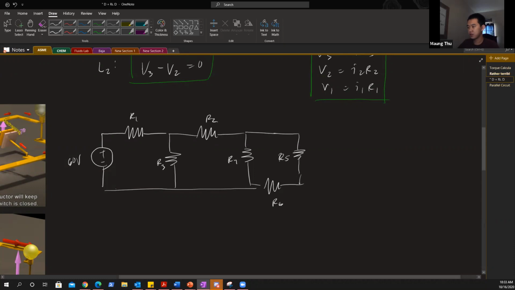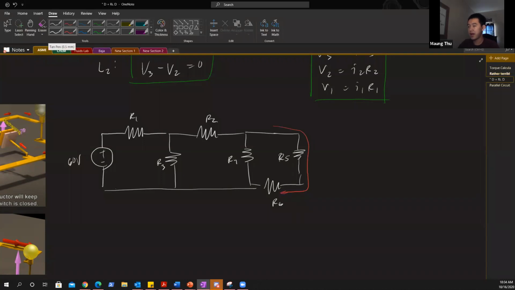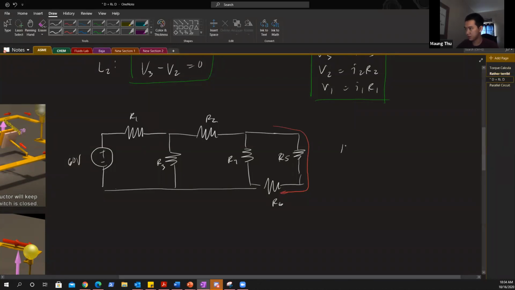And what you should notice by now is that resistor 5 and 6 are in series, right? Because they're all connected in one line like this. They're in series, so you can simply add them together, because that's the equation for adding resistors together. And then you should notice that it's in parallel with resistor 4. This is how you represent parallel: you put two vertical lines and you put R4, okay?